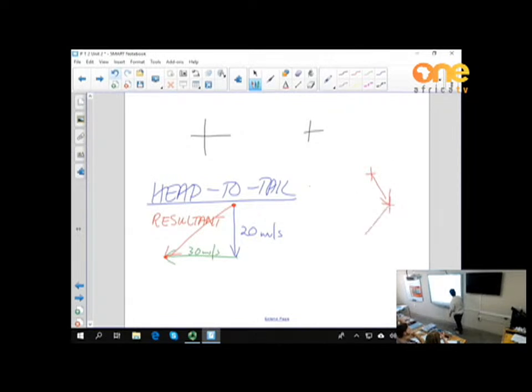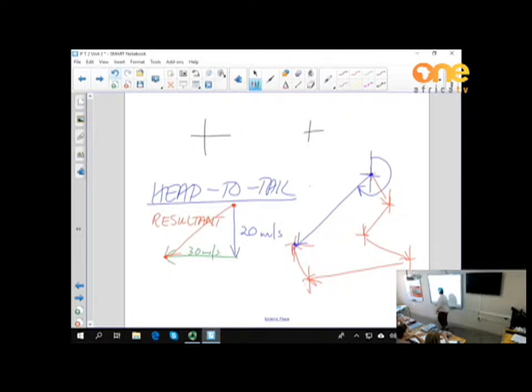Draw my axis, there goes my next vector. Draw the axis, there goes the next vector. Draw the axis, there goes the other vector. Draw an axis, there goes the other vector. What is the resultant of those? Straight line going from the beginning of the first to the tip of the last. There it goes. Arrowhead. Remember your direction.